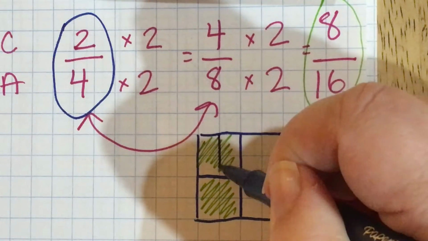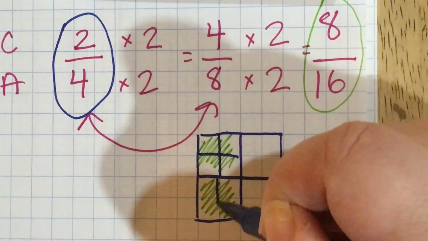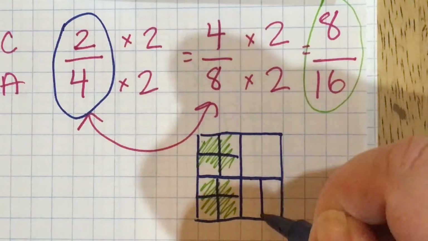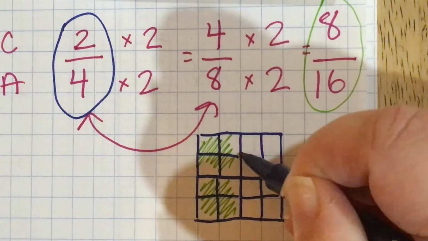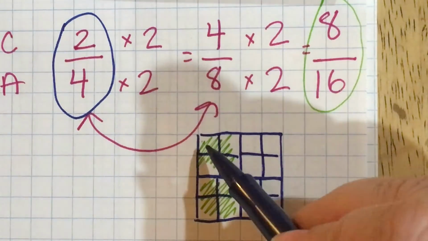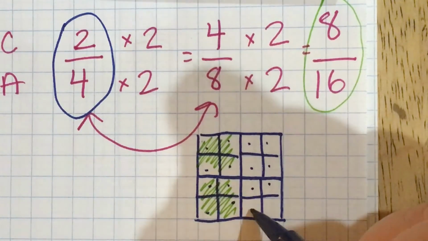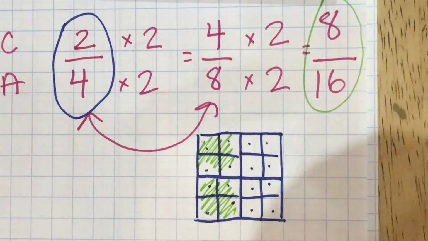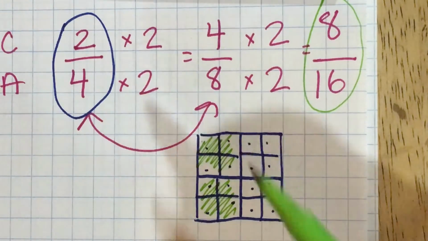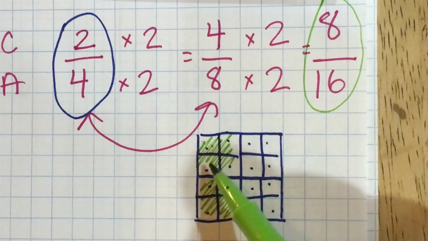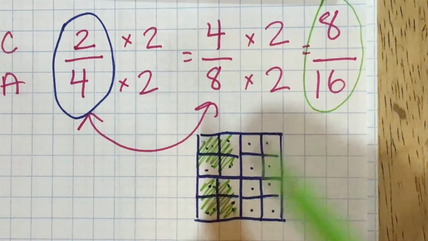So if I look at this and I divide each of these into 4, that is now 16 equal parts. And we can check: 1, 2, 3, 4, 5, 6, 7, 8, 9, 10, 11, 12, 13, 14, 15, 16. And then if I look at the shaded part, it's 1, 2, 3, 4, 5, 6, 7, 8.